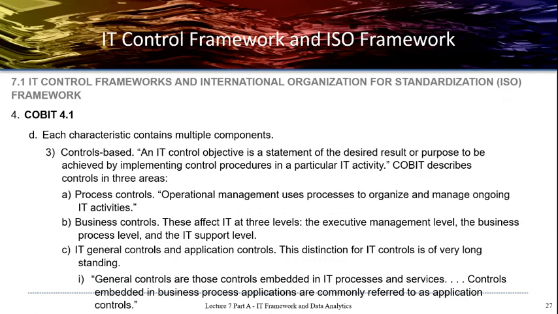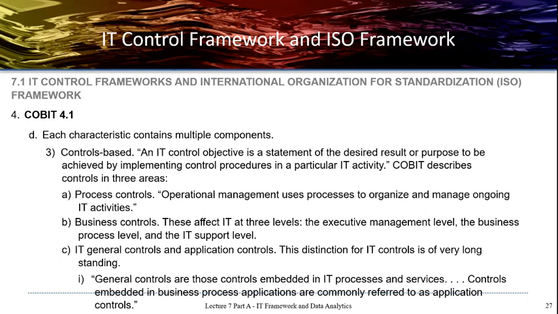And each characteristic contains multiple components. If it is control based, an IT control objective is a statement of the desired result or purpose to be achieved by implementing control procedures in a particular IT activity. COBIT describes control in 3 areas: the process control, business control, and IT general control, which I explained earlier.